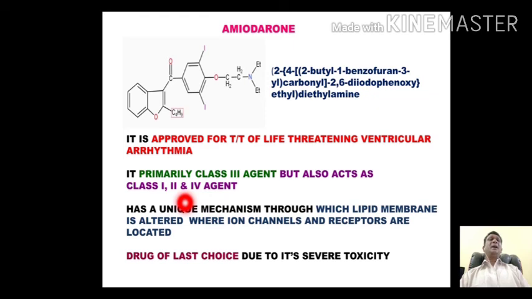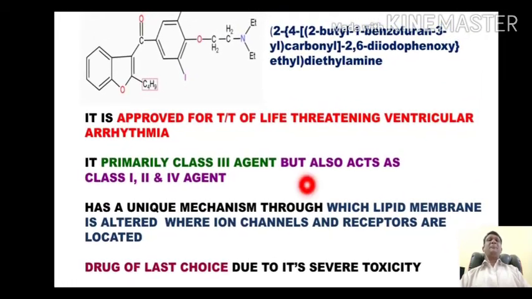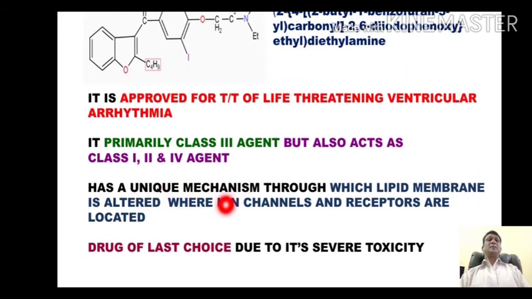As I mentioned, this compound is basically classified as a class 3 agent, but this drug also has its effect on the ion channels like sodium, potassium and calcium. That's why it is also considered a class 1, class 2 and class 4 agent. This drug is found to block the lipid membranes where it alters the permeability of the ion channels and the receptors.